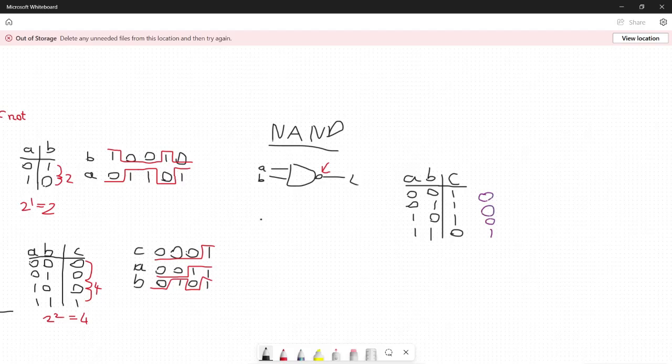So we're going to redraw this now, and we're going to make this normally closed. And then we're going to put another normally closed in parallel with it. And now, of course, when this is 0 and 0, well, this is closed and this is closed. So what are we going to get? We're going to get a 1 because power is allowed to flow through.